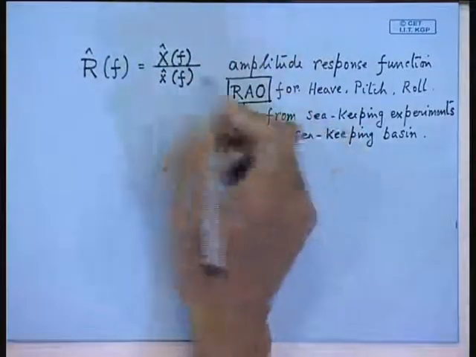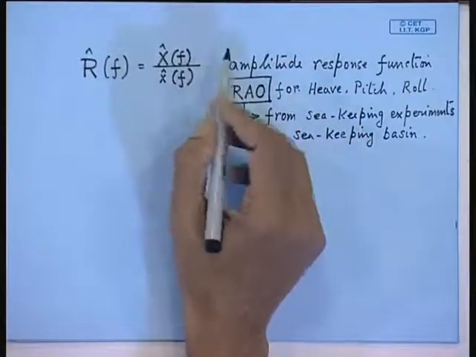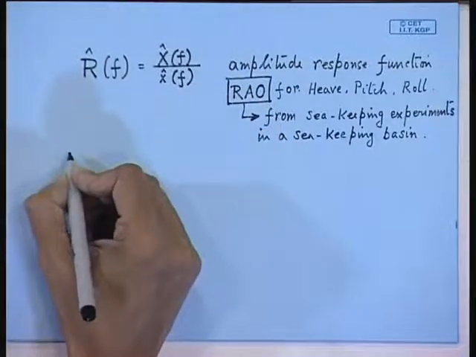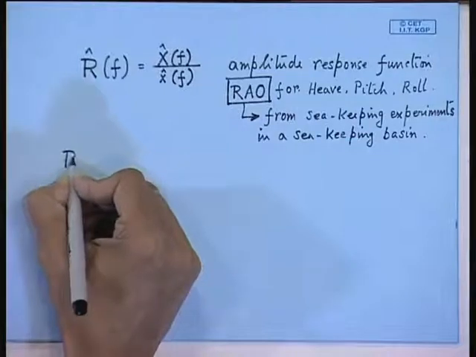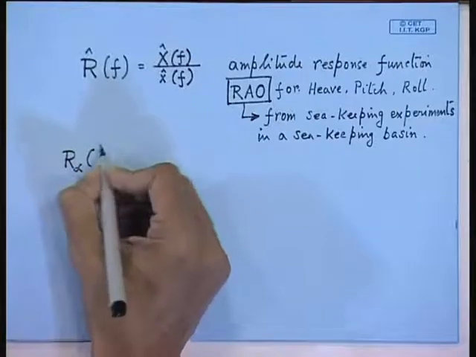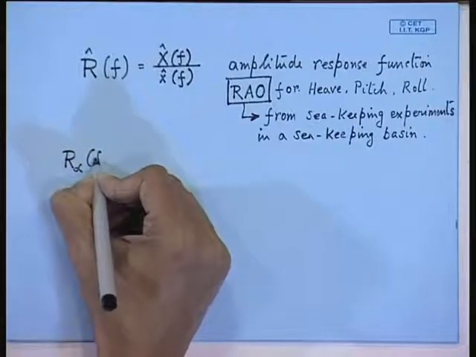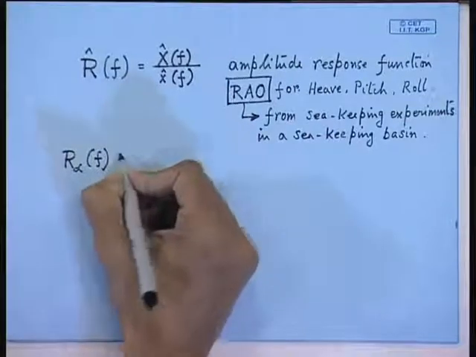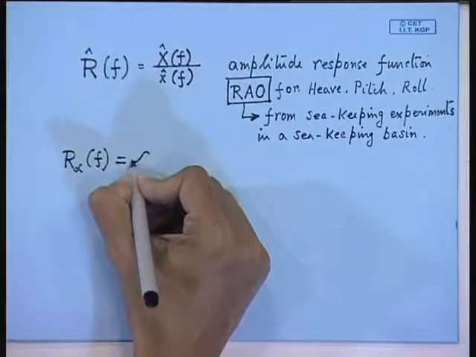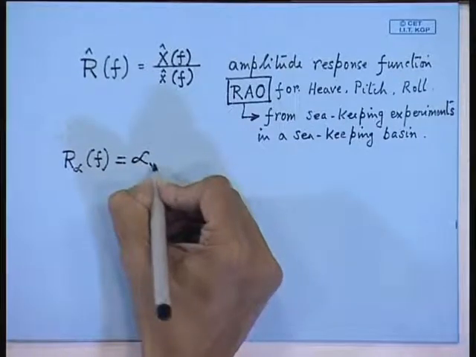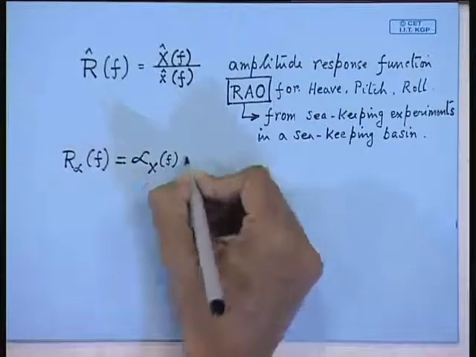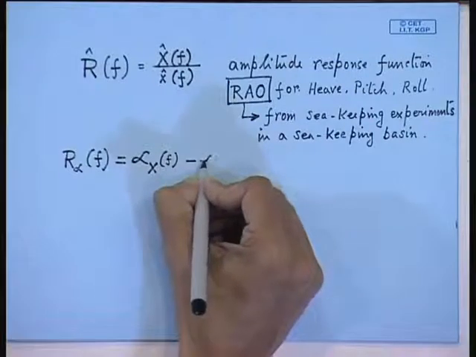Now, this is just the ratio of the amplitude of the response to the excitation, but what about the phase angle? The phase angle you will find is given as this alpha, and we do not write this as the ratio of two phase angles, but rather we take the difference. So this is actually the difference of the two alphas. This capital X is your response and the other one is your excitation.